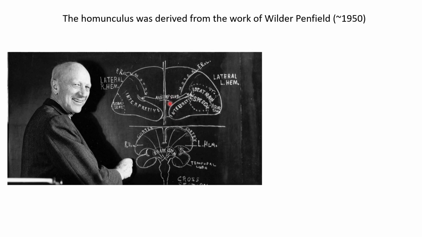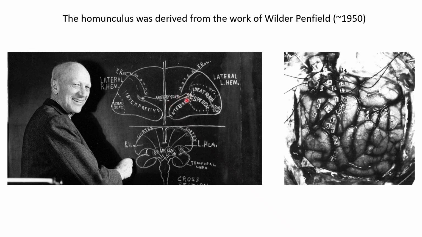But how would the doctor know which part is causing the epilepsy? So what is done in this case is that the surgeon would open the skull and expose the brain, and then put an electrode and stimulate a small region in the brain.